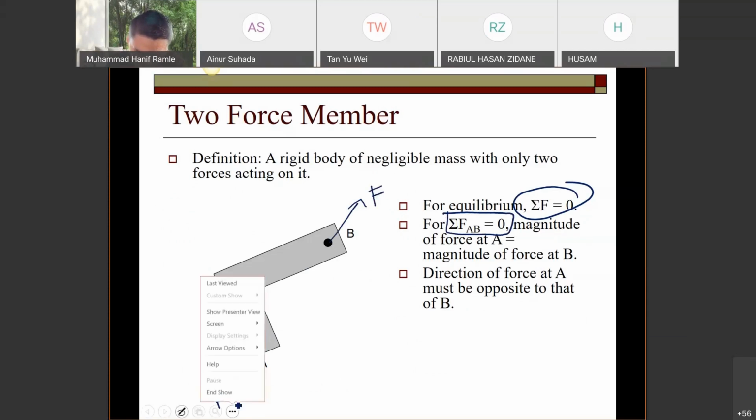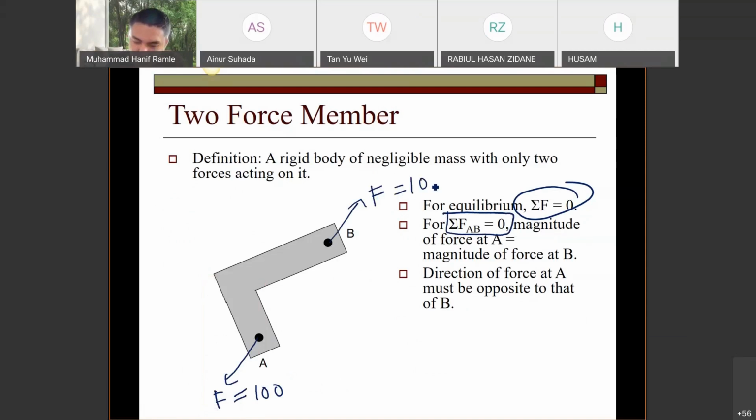Let's say this one is 100, this one should be 100 as well. And the direction must be opposite, as I mentioned in the previous slide. Let's say I do it this way, which is tension.